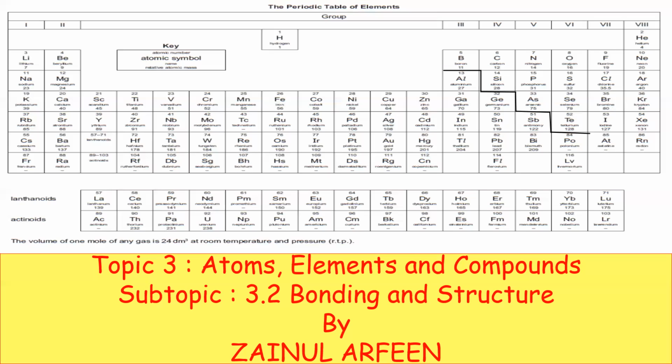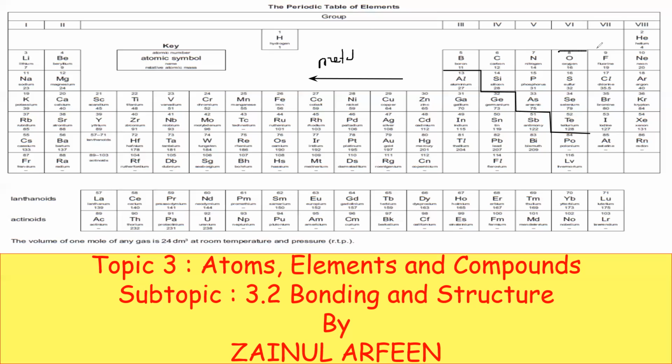Because you can work out whether an element is a metal or a non-metal using a periodic table, first draw the stairs between boron and aluminum. The elements on the left hand side of this stair are metals.